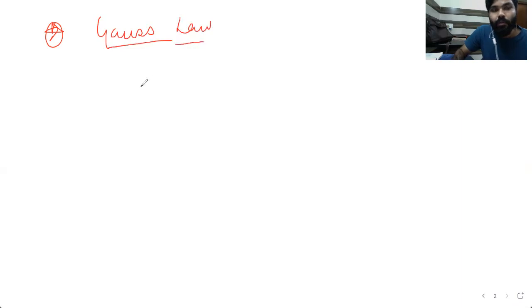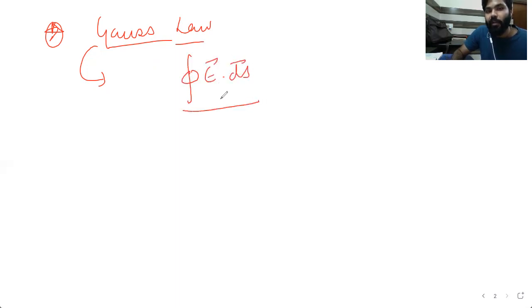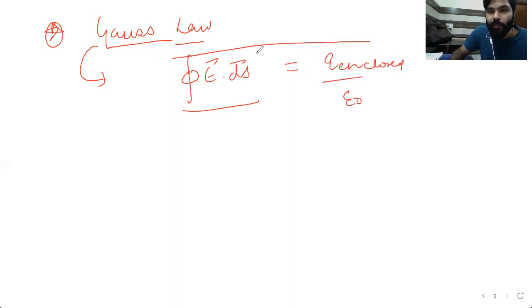What is Gauss law? Gauss law in simple terms is an alternative way for finding out electric field, and its statement is like that. It states that the flux linked with the surface, E dot ds, is Q enclosed by the surface, charge enclosed by the surface, over epsilon naught. This is the mathematical expression for Gauss law.